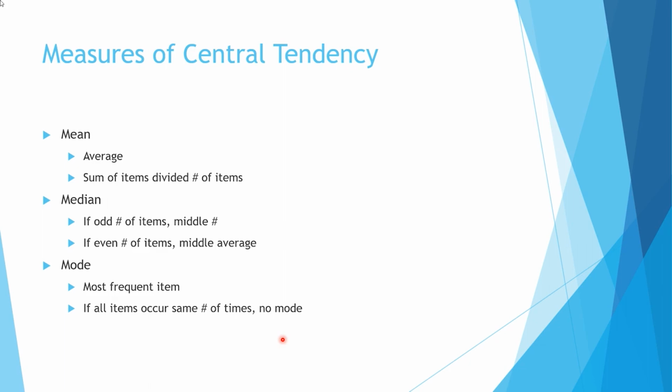If it's an even number of items, then you're going to take the average of the middle two. And then mode is the most frequent item. And with mode, you can have more than one mode, or you can have no mode. No mode is the situation where all the items occur the same number of times.